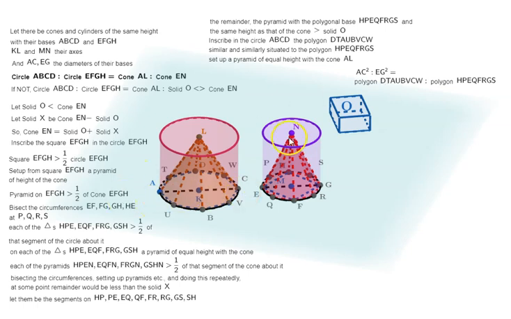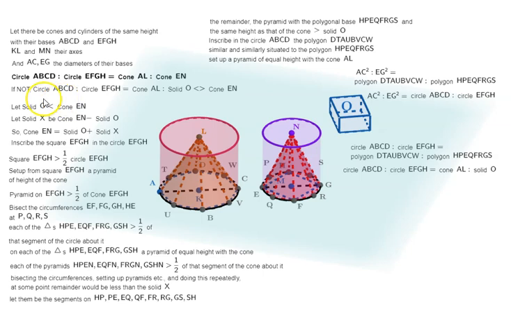And here AC is the diameter of the polygon DTAUBVCW and EG is the diameter of the polygon HPEQFRGS. But we have also seen that circle ABCD is to circle EFGH as the duplicate ratio of the diameters. So circle ABCD is to circle EFGH as polygon DTAUBVCW is to polygon HPEQFRGS.